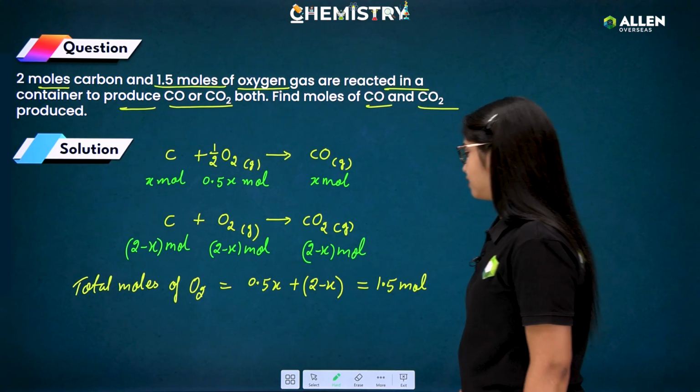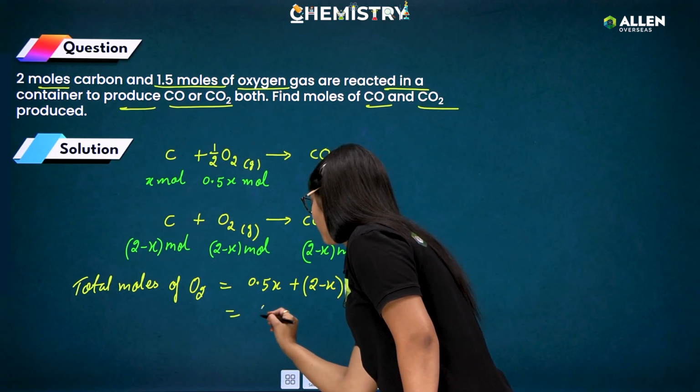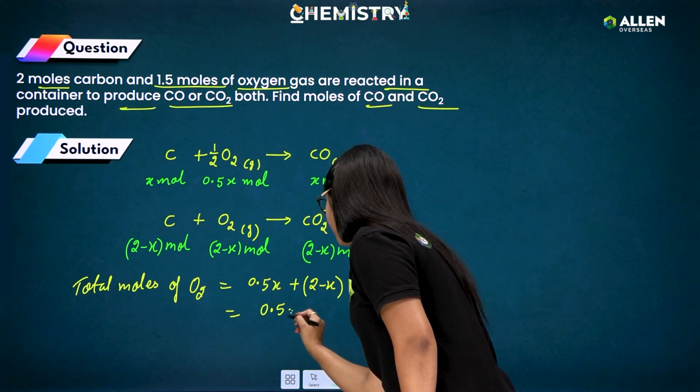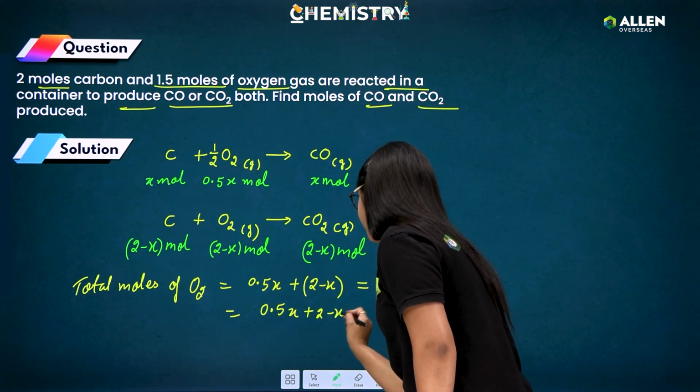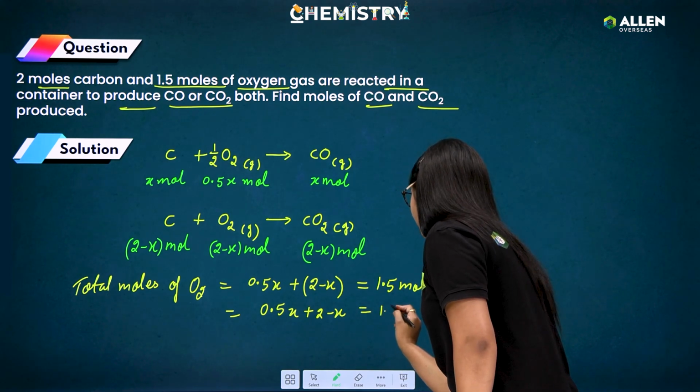Now if we solve this, we have 0.5x plus 2 minus x equal to 1.5.